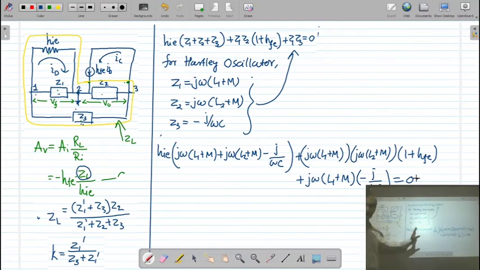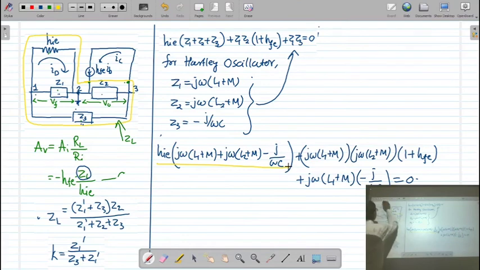So the expression is very big, but now it is going to be simplified. If you look at this first term, then this first term is going to be an imaginary term. How will it be imaginary?